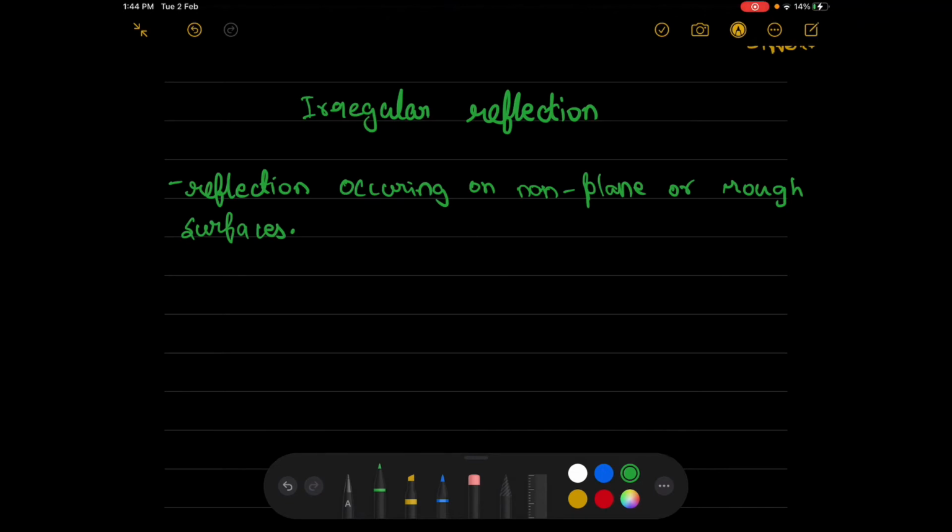One more thing: irregular reflection is also known as diffused reflection.